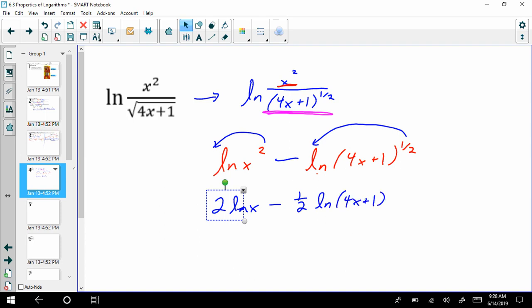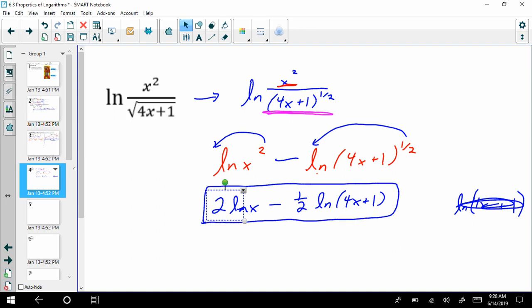When you move the 1/2 forward, make sure to keep the 4x plus 1 still in parentheses, because we need to show that the 4x and the 1 are inside of that log. Otherwise, if you write it like this, it might look like just the 4x is with the natural log, but we need to make sure to tell it, no, the 1 is also inside. So this would be my expanded answer.